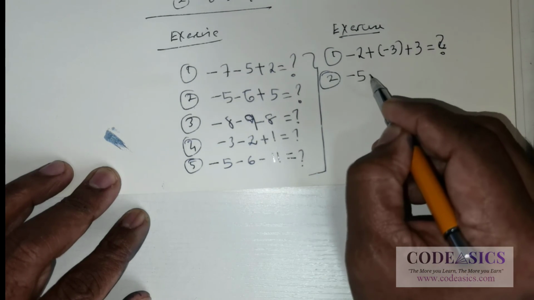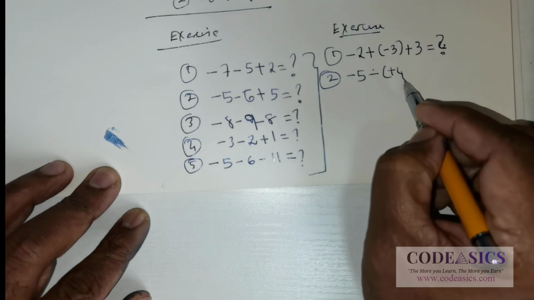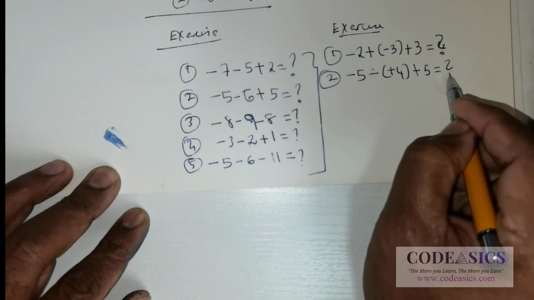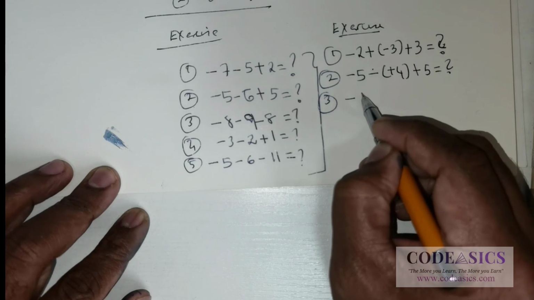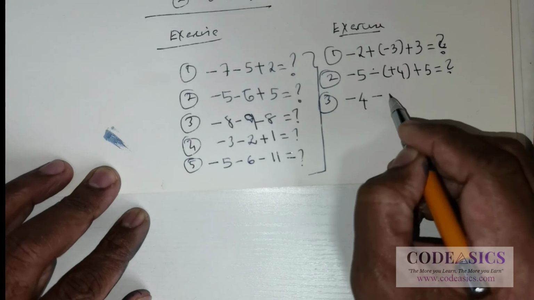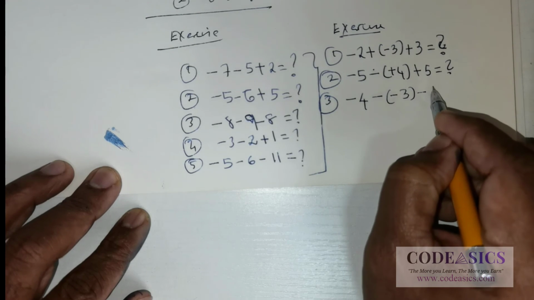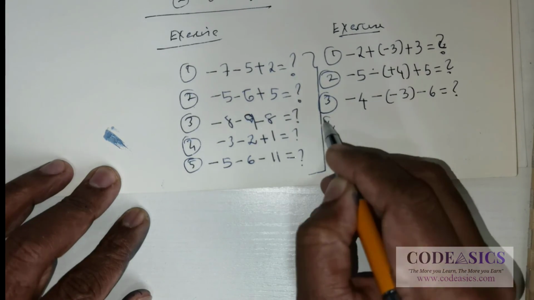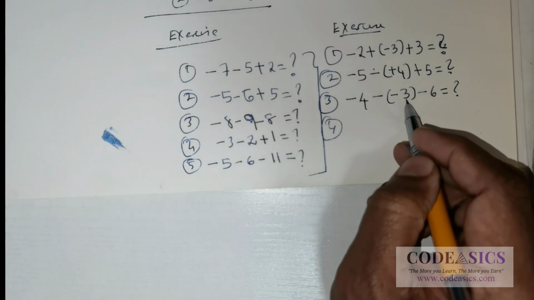Question 2, minus 5 minus of plus 4 plus 5. What is that equal to? Question 3, minus 4 minus of minus 3 minus 6 equal to what? In this case, this is actually positive 3. Minus into minus is positive.